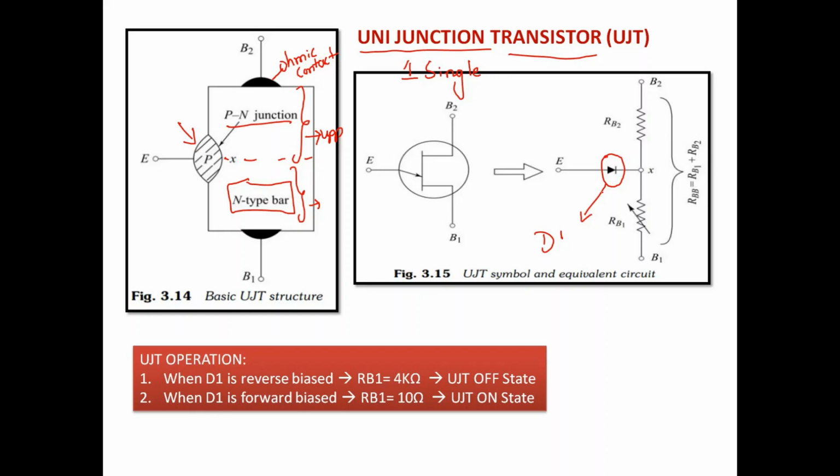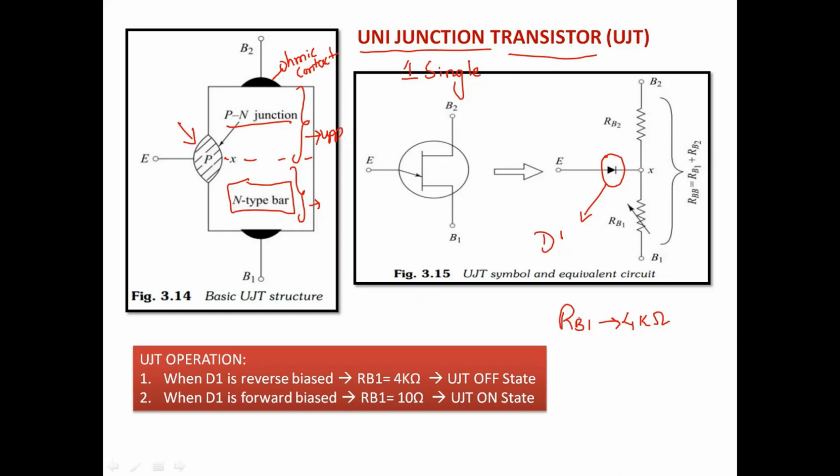When D1 diode is reverse biased, you may see the RB1 value, the resistor shown near the base terminal, is going to be 4 kilo ohm. A very large resistance is seen across that particular layer. At that time we say UJT is in off state. When the diode is reverse biased, this resistance is very high and we say UJT is in off state.